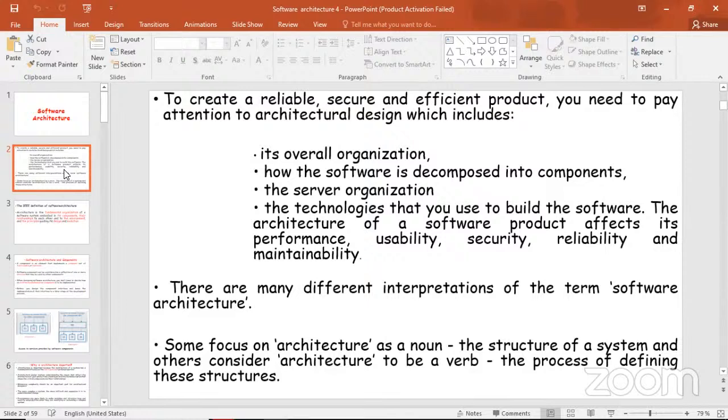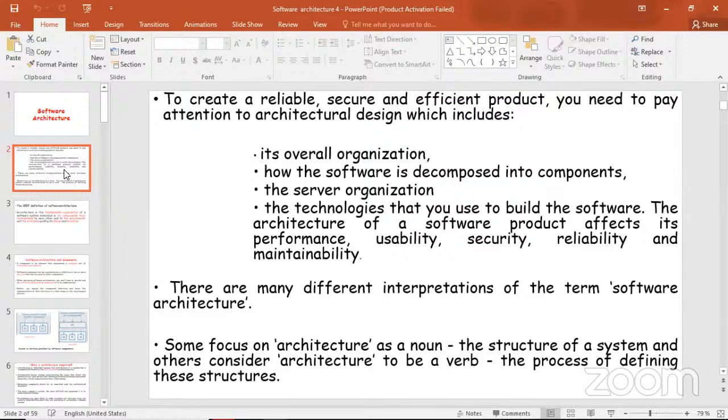Usability, security, reliability, and maintainability. Just as in the case of that building, its overall security, reliability, maintainability, usability should be part of what you factor in, right? Considering your budget, considering your technical expertise, considering the technology you are adopting, and also considering the land space that you have. So we'll be looking at some of these factors as we go on.